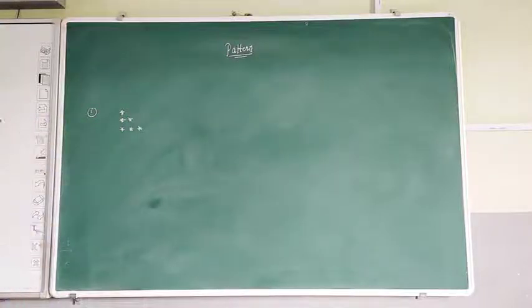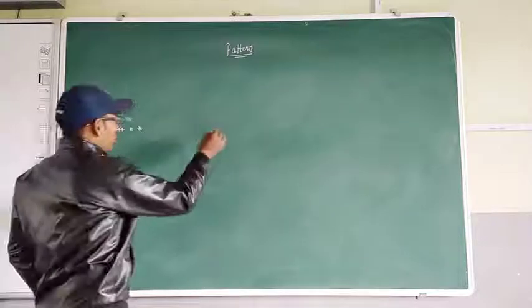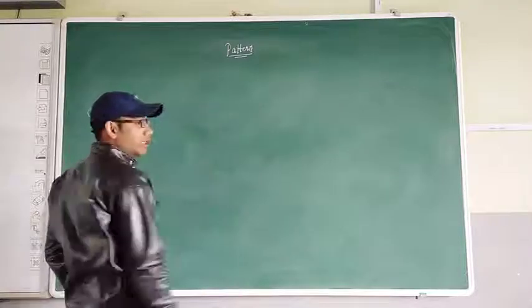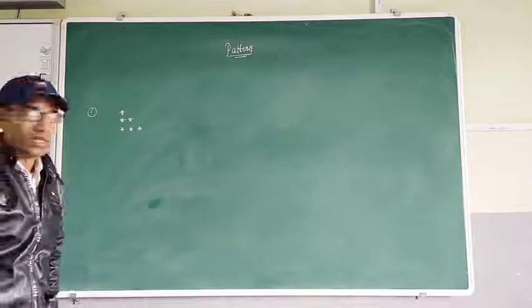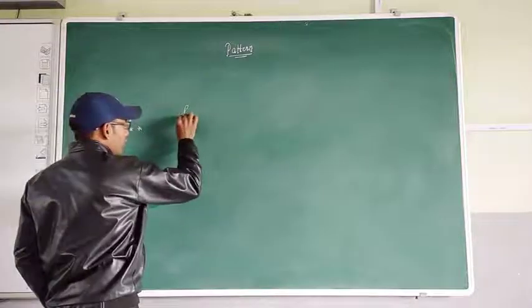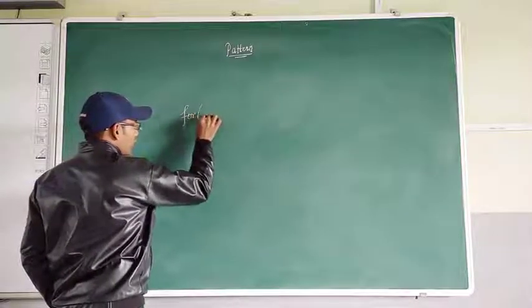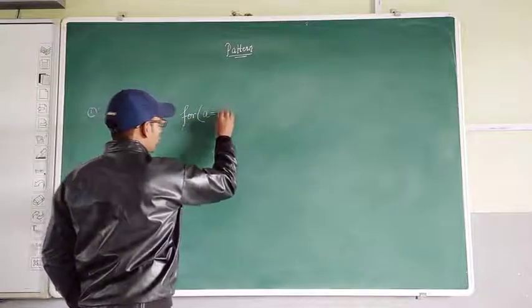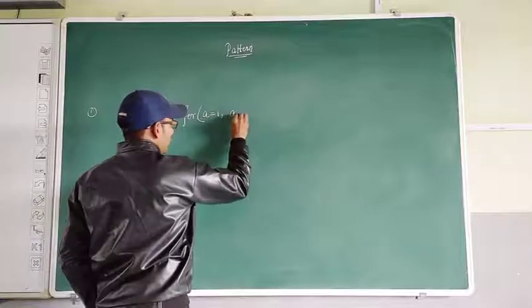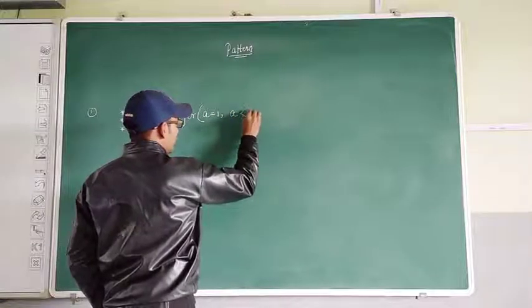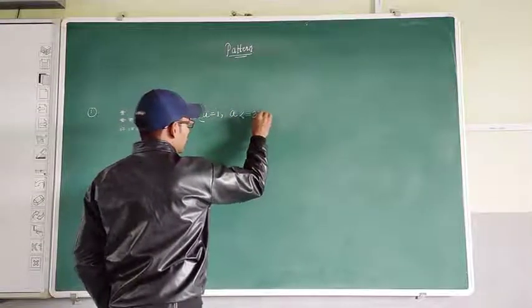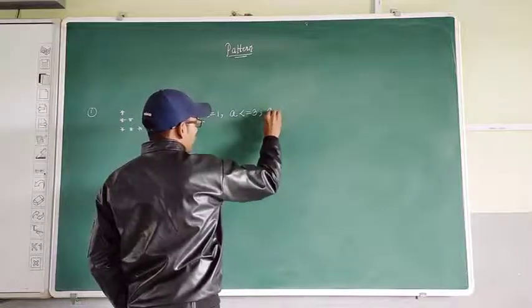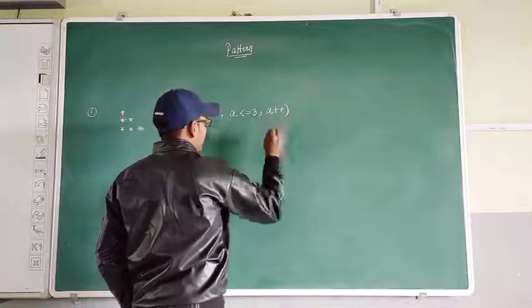So what to do? We will proceed using for loop. Okay. For a is equal to 1, a is less than equal to 3, a plus plus.